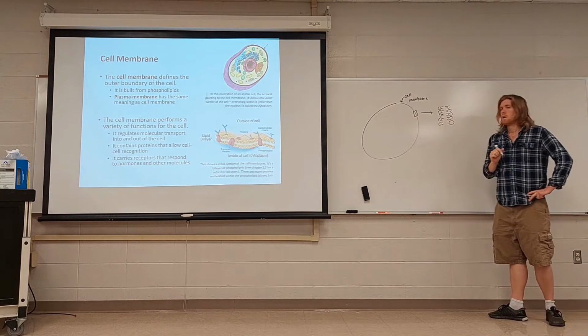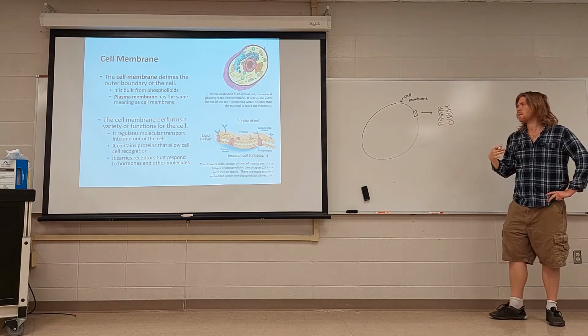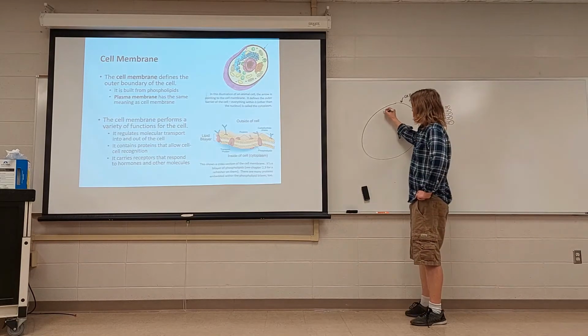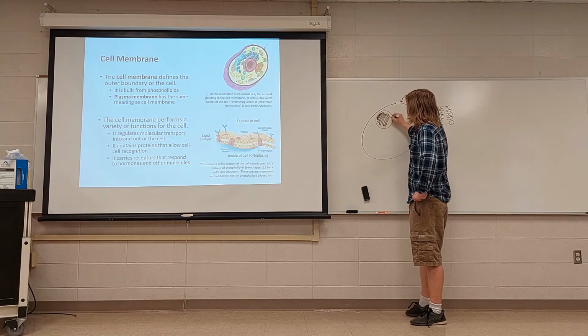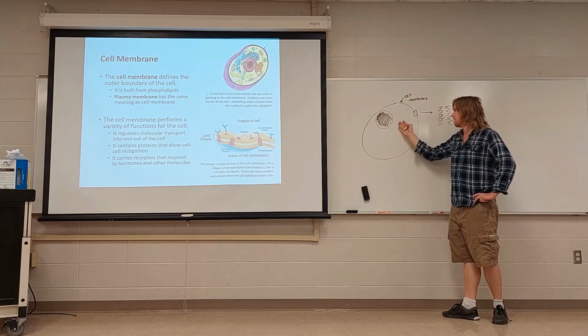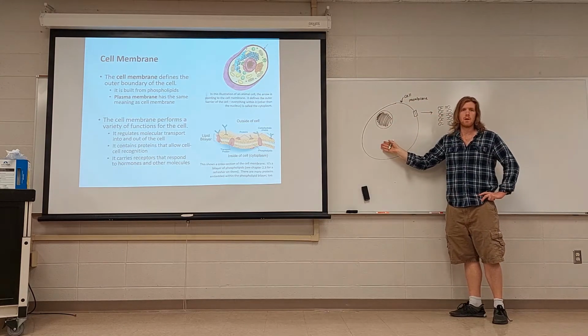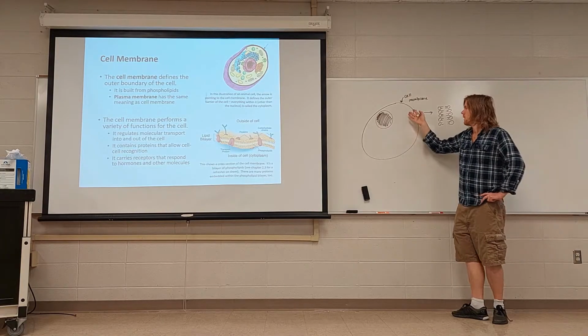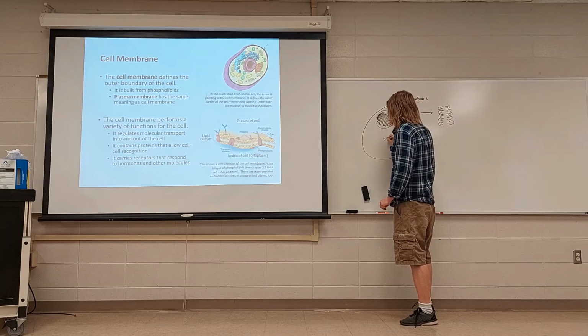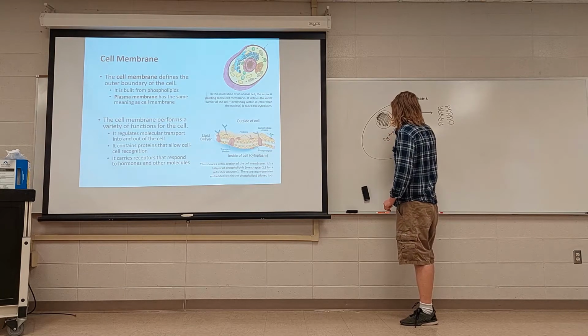Okay, so let's just real quick set up the environment of the cell. Within the cell, you've got a lot of fluid called cytosol and a whole lot of organelles doing their jobs, and all of that together is called the cytoplasm.